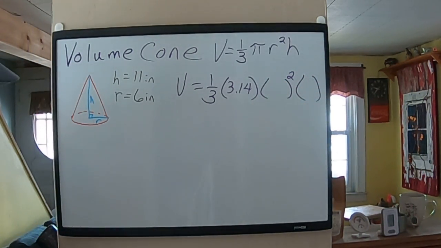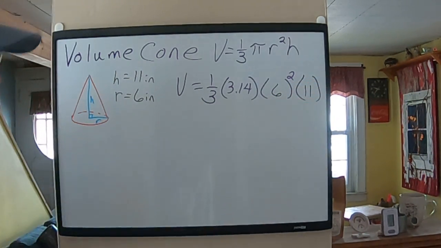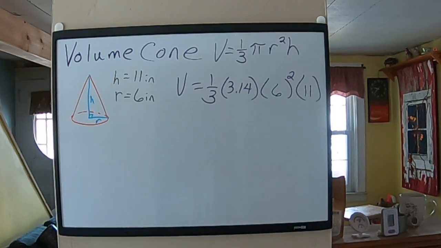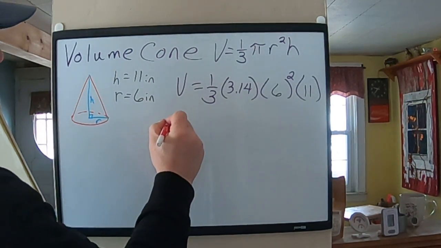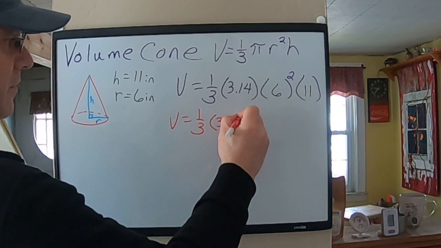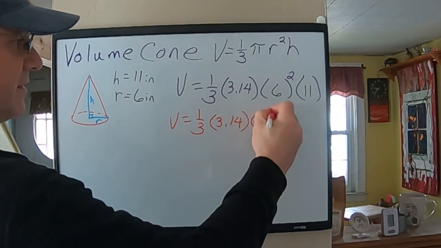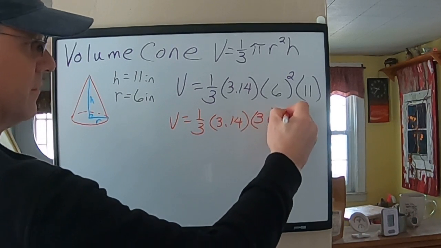And again, our radius is 6 and our height is 11. So in this case, we're going to square our 6. Have to do square before you try to reduce here. 36 and 11.